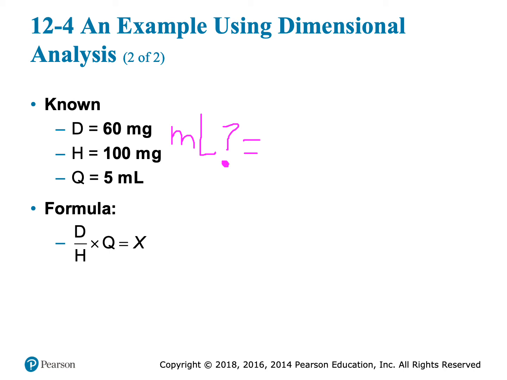So it tells us there's 5 mLs of medication. If we give that to a patient, they're going to get 100 milligrams of the medication. Okay, so we're going to set this up as the unit of measure, which is 5 mLs, over the dosage strength, 100 milligrams of medication in 5 mLs.